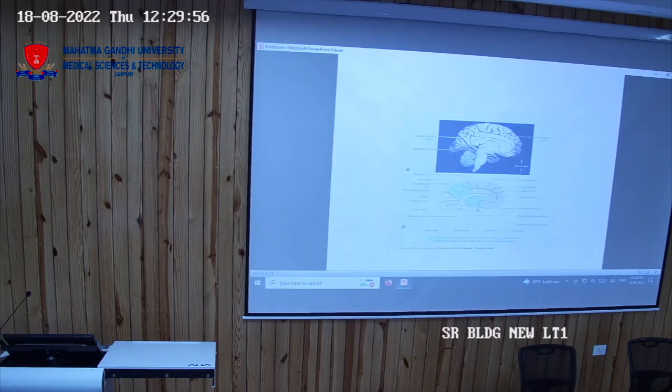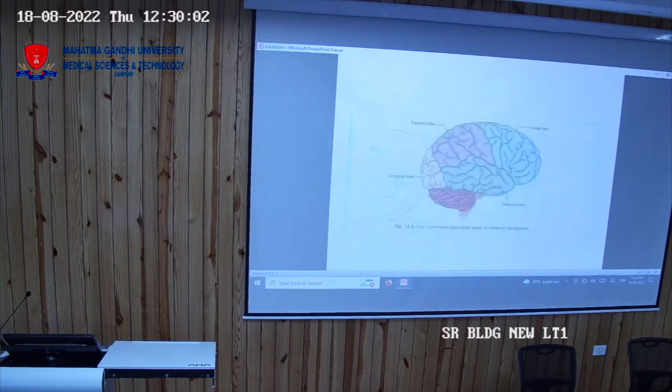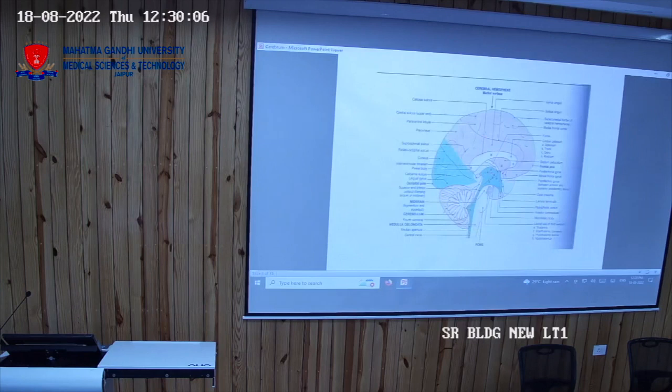Now I am coming on to the medial surface. On the medial surface, when we see the medial surface of the cerebral hemisphere, whether you want to or not, your eyes will go towards this part. This is the corpus callosum.